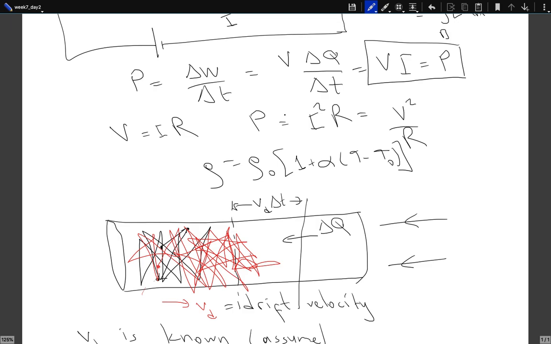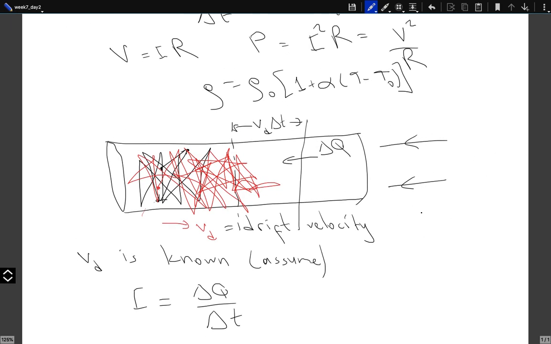So, let's give some definitions. Let me call N the density of charges that are free to move. You see, if you take an arbitrary metal, it will be neutral. But I don't really care about the positive charges, because what will create the current will be the electrons.